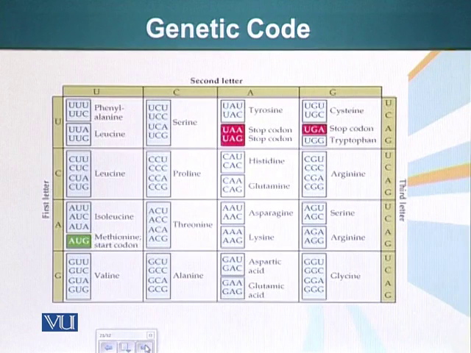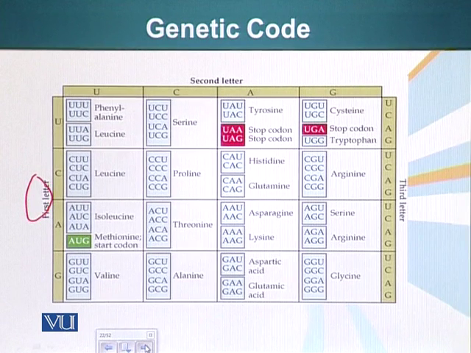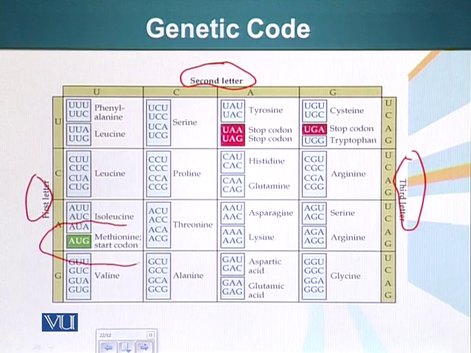Here I have placed the whole genetic code on the screen. You can see we have the first letters here, the second letters here, and the third letters of the genetic code. It's a 3-letter code, and the combinations are here. Here I would like to point out that AUG codes for methionine, and this is also the start codon.